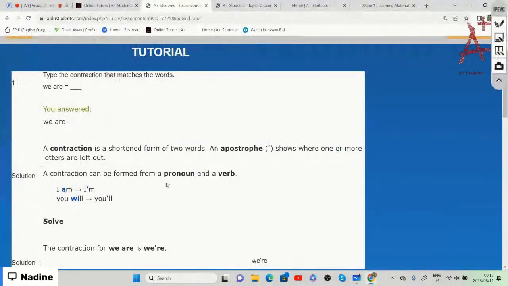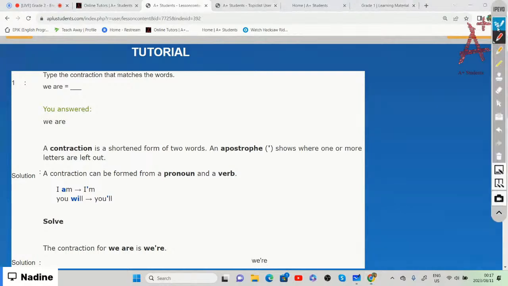So now we're going back to our tutorial, and we're going to type the contraction that matches the words. For example, we are. We need to shorten these two words. If we shorten them, then we can say we're.